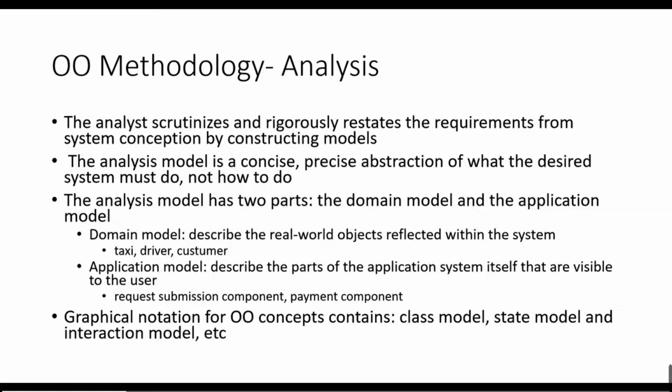Some are real-world objects, and some are system component objects. And in order to describe the relation of these different objects, we need some graphic notations. Three kinds of widely used notation are the class model, state model, and interaction model.